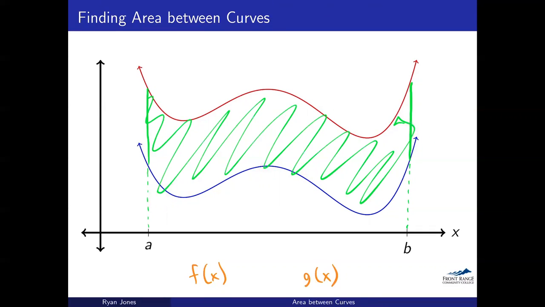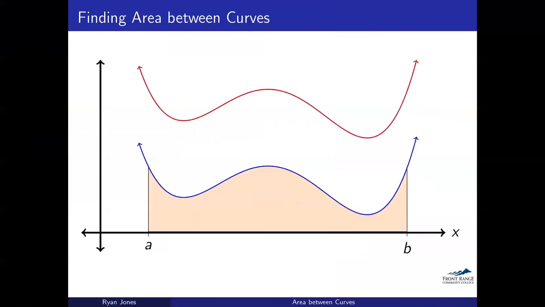What we can do is figure out a couple of different areas and use them together to find this area. The first thing we'll do is find the area underneath the blue, colored here in this brown, beige, tan color. We should be able to figure out a formula for this area.